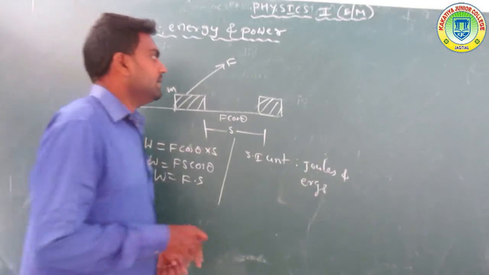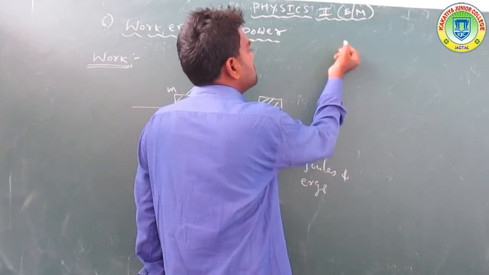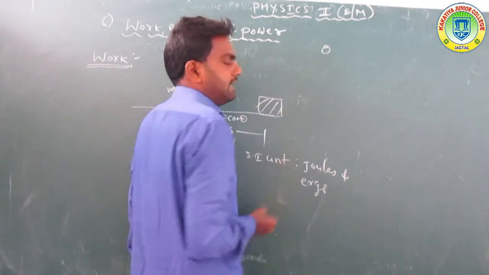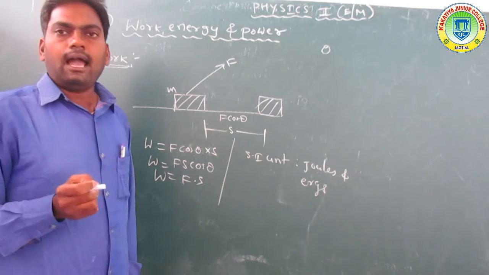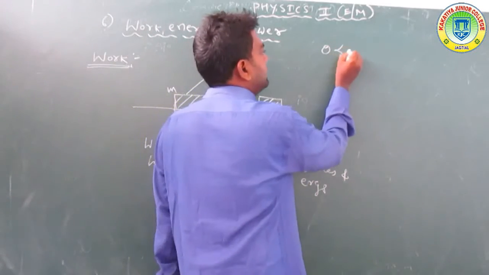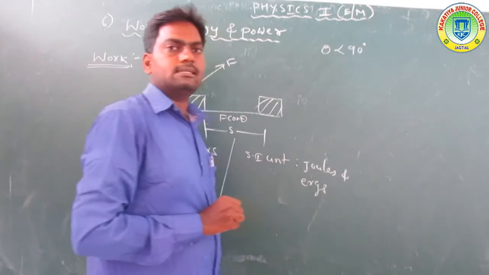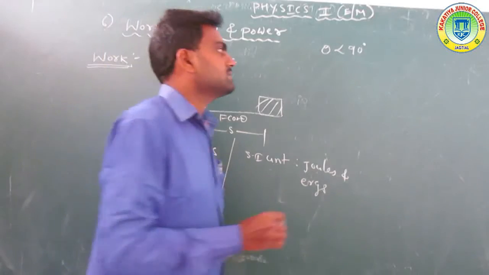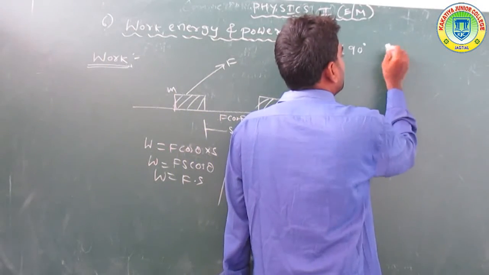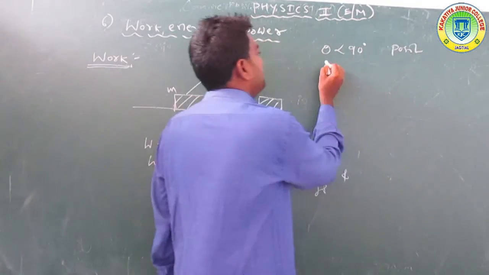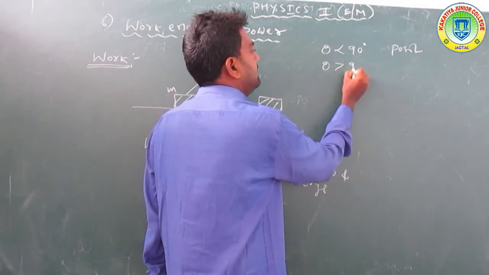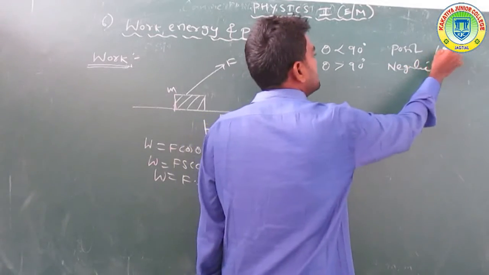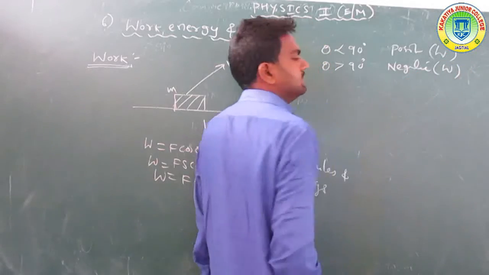Work done can be positive, negative or zero, depending on theta, the angle between force and displacement. If theta is less than 90 degrees, work done is positive. If theta is greater than 90 degrees, work done is negative.